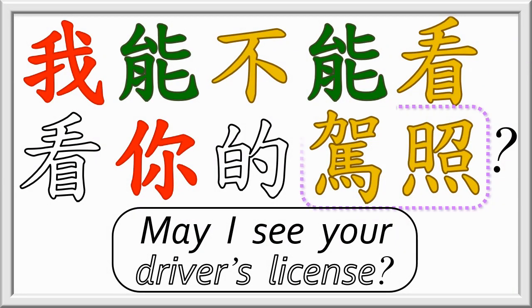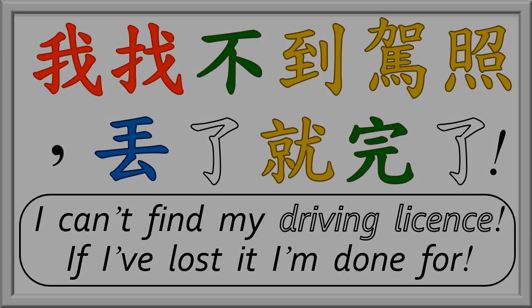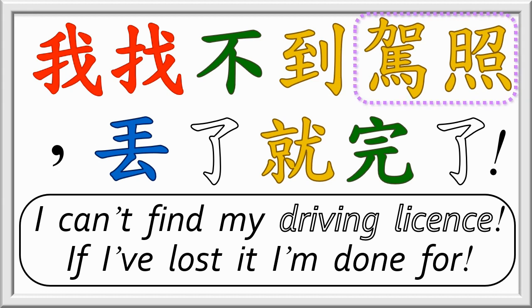驾照 is the abbreviated term for a driving or driver's license. 我能不能看看你的驾照？May I see your driver's license? 他因为超速又无驾照，吃了重罚金。He got a hefty fine for speeding and driving without a license. 我找不到驾照，丢了就完了。I can't find my driving license.